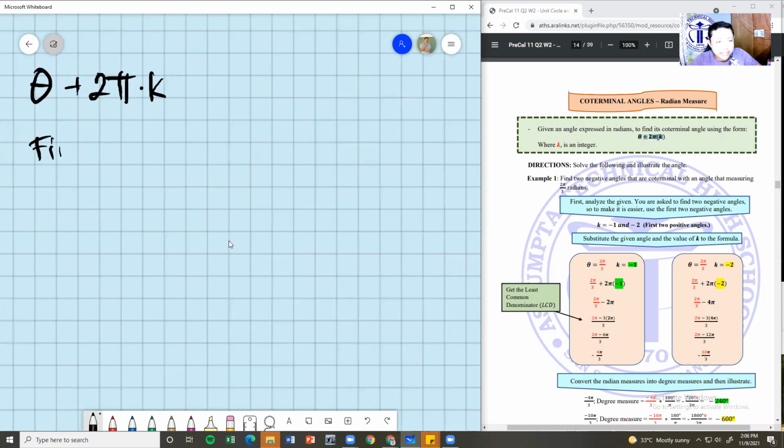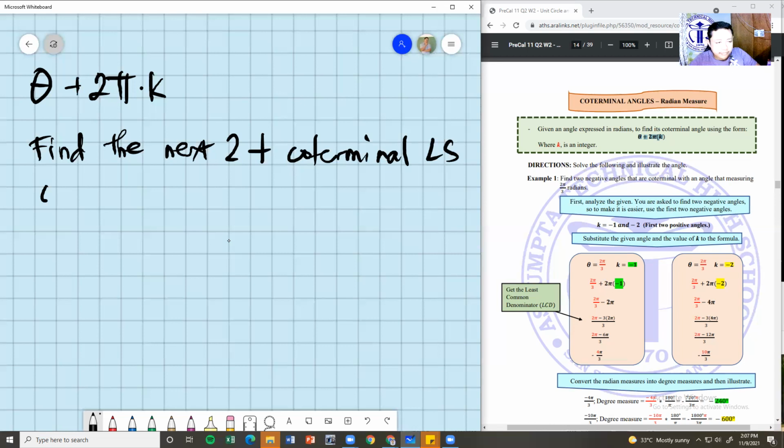For example, find the next two positive coterminal angles of pi over 2 rad.